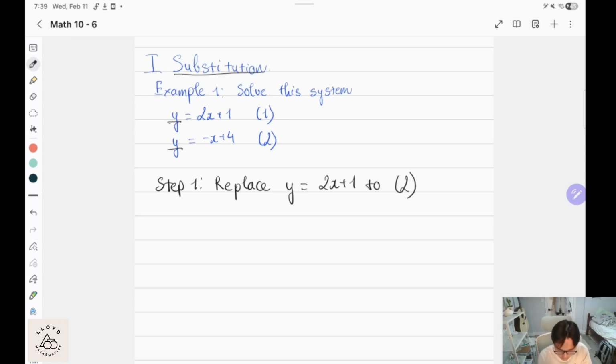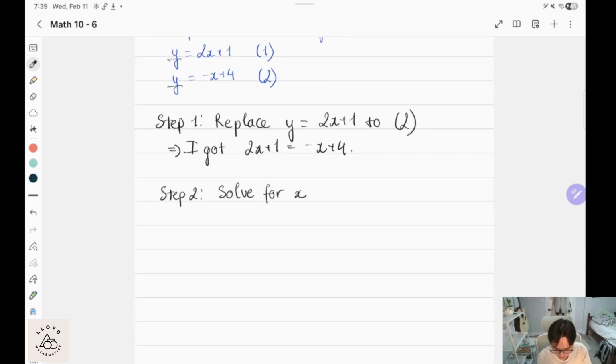Therefore I get 2x plus 1 equal to minus x plus 4. And step 2 is solve for x.